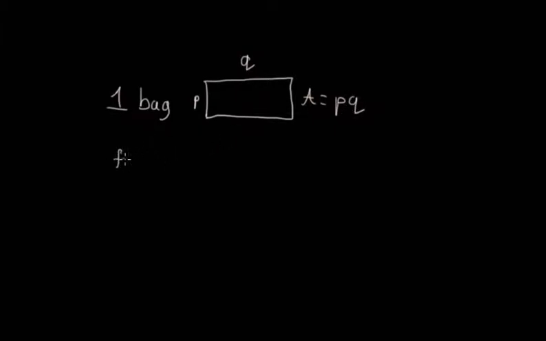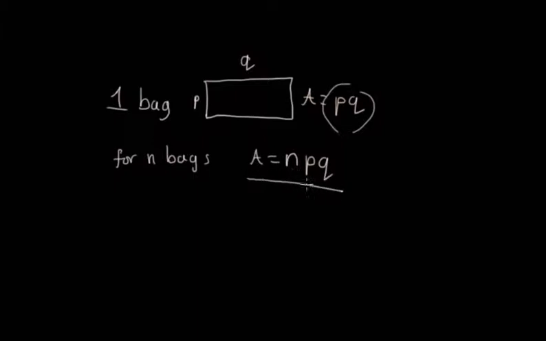For N bags, the area is going to be NPQ, because each bag has this area and there's N bags, so the formula will be N times P times Q.